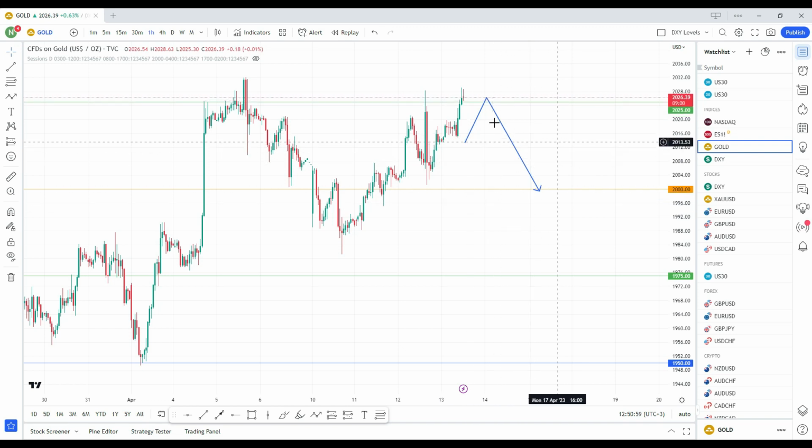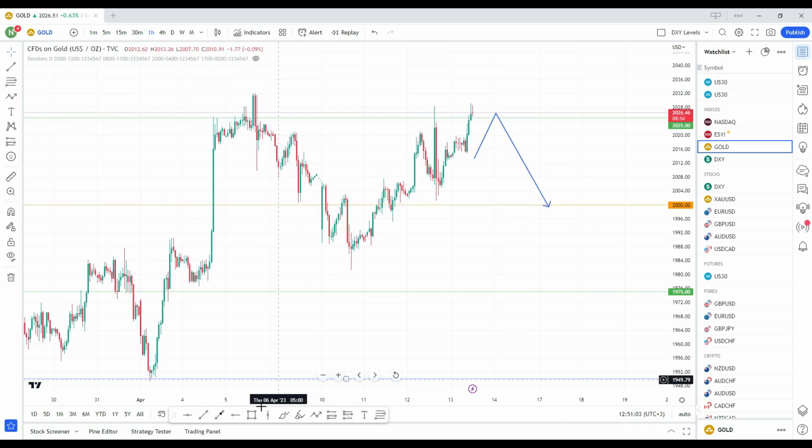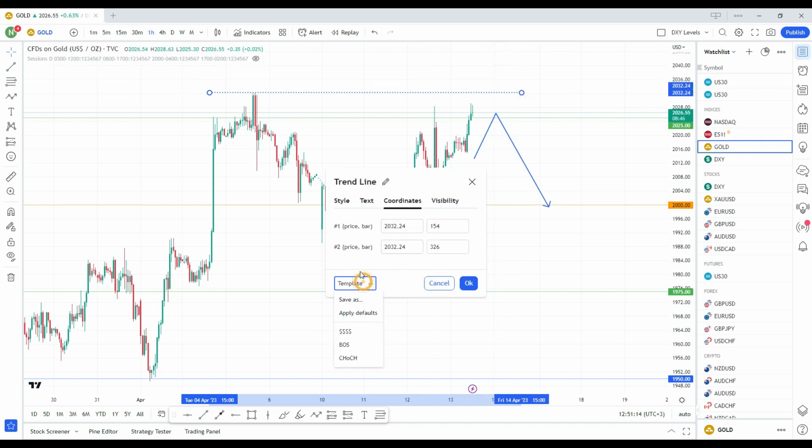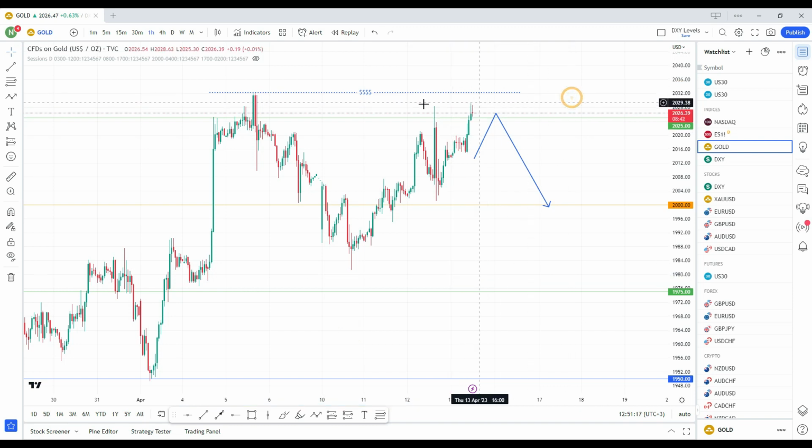Even as we look at this resistance zone for gold, we need to remember there's a liquidity zone above here. It is always very important to understand where liquidity is, since if you don't know where liquidity is, high chances you become the liquidity. So we're waiting for this liquidity to be taken out.